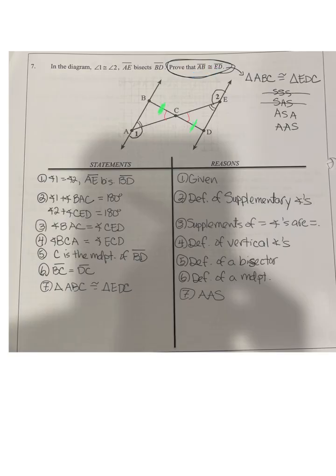And that's these guys. So I know since these triangles are equal to one another, then I know AB has to be equal to ED. Okay, so that's my very last step. So I'm going to write that down. AB equals ED. And that reason, I hope you learned this, is CPCTC.